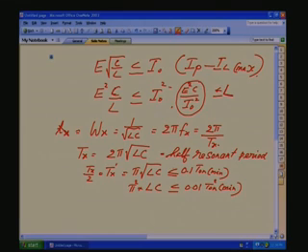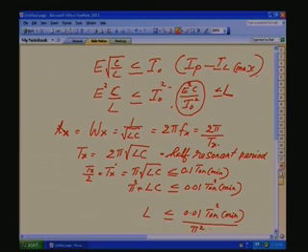This implies, from this inequality, what we can find out: L should be less than or equal to 0.01 T on square minimum divided by pi square C.